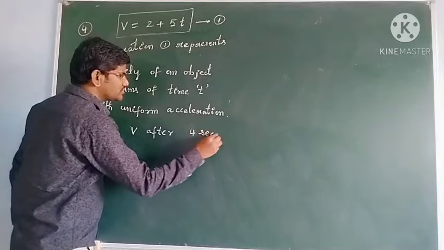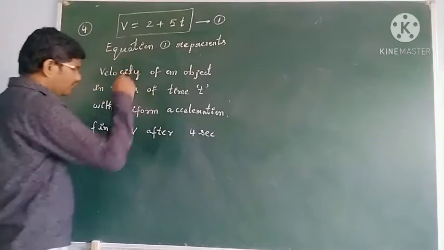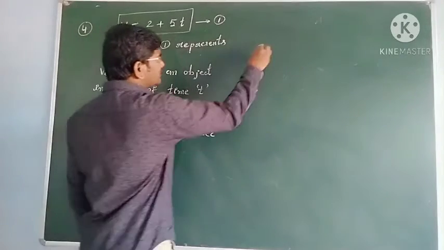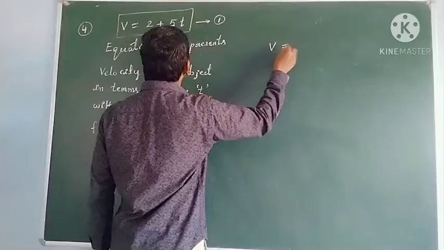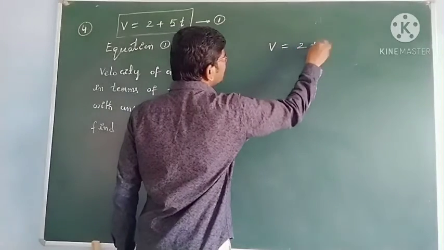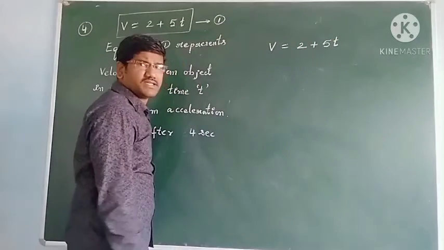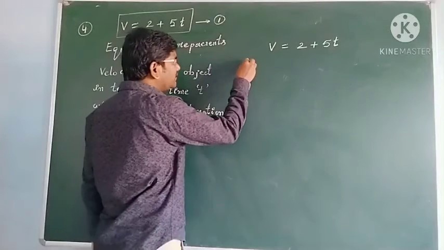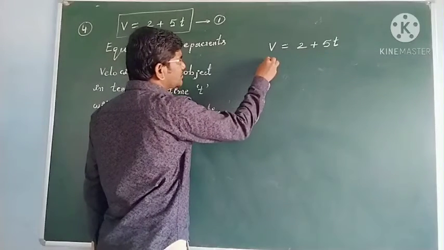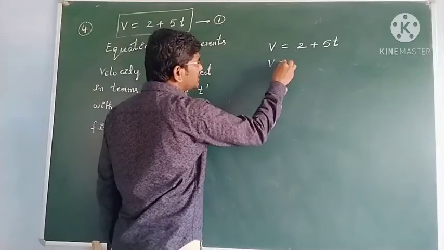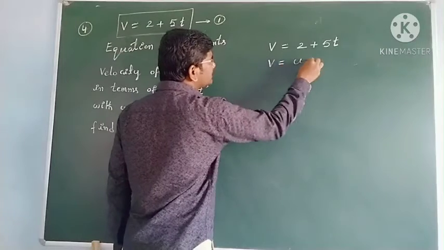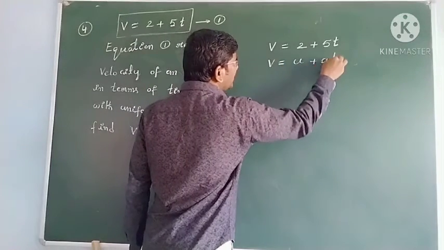Okay? Fine. So now what is the equation they have given for us? The given equation is v is equal to 2 plus 5t. So we will compare it with our standard equation. So what is the standard equation? v is equal to u plus at.